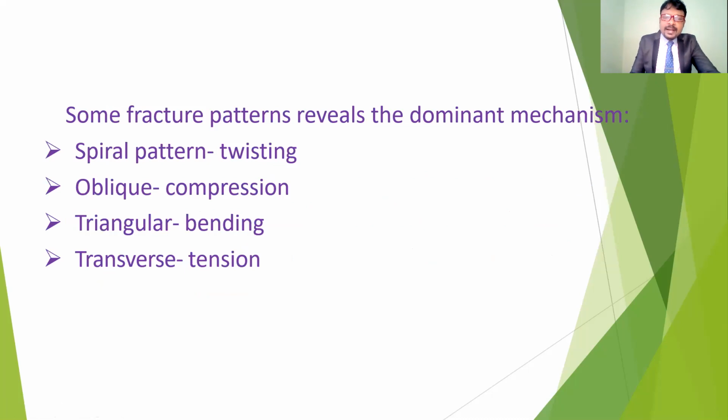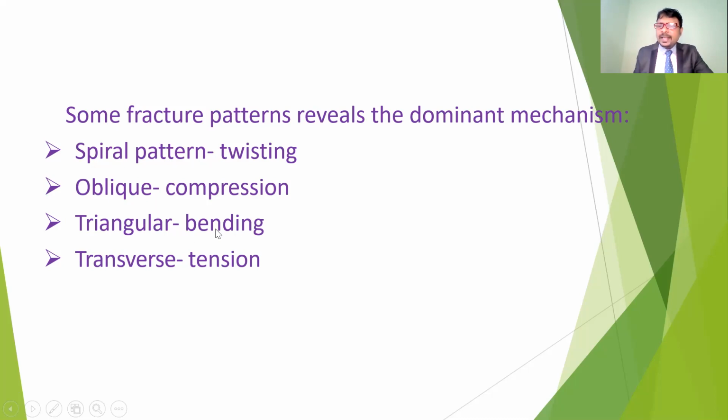Also, some fracture patterns reveal the dominant mechanism. If we know the mechanism, we can suspect what type of fracture fragments there will be. In case of twisting, a sudden twisting movement, we may get a spiral pattern; the fracture fragments will be spiral. In case of compression, we may get an oblique pattern, so the fracture fragments will be in oblique directions.